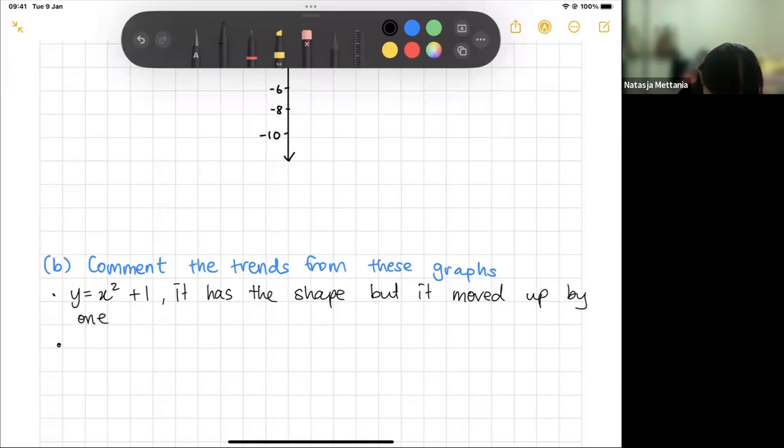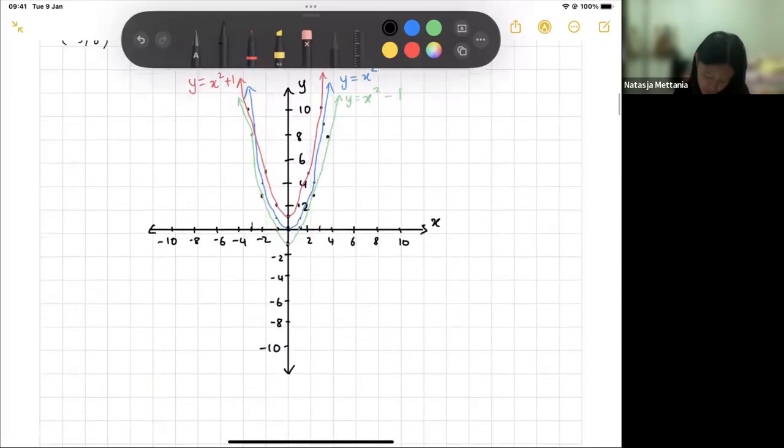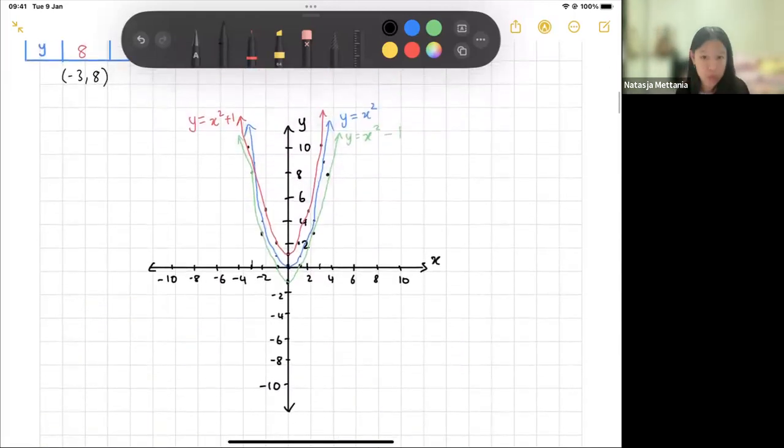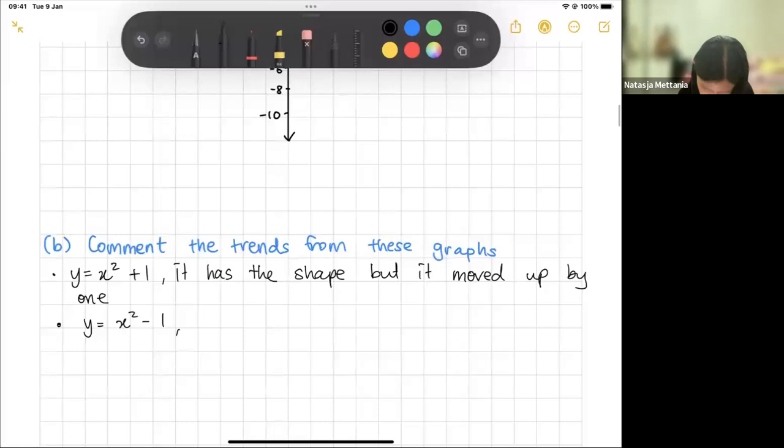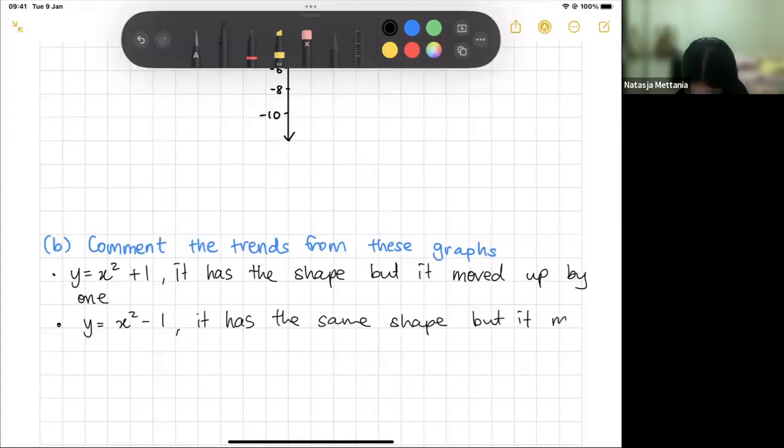Now, for y equals x squared minus 1, okay, so going from the blue to the green, it basically went down by 1, okay? It has the same shape, but it moved down by 1.